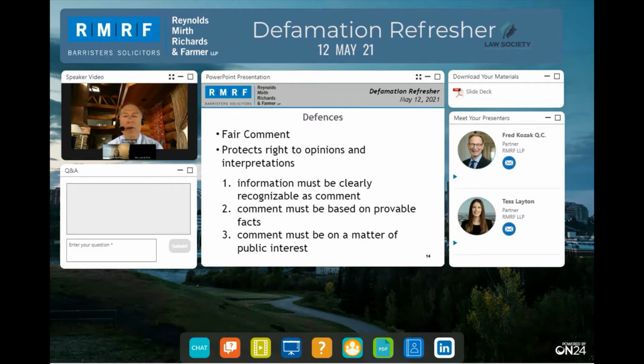or some other opinion you express, as long as what you say is clearly identified or recognized to be comment or opinion, and as long as your opinion is based on provable facts, and if it's on a matter of public interest, then the defense should prevail.